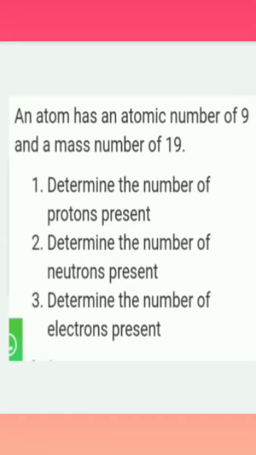What's the formula for neutrons? Mass number minus atomic number. Mass number is 19, atomic number is 9. So 19 minus 9 is equal to 10. So only 10 neutrons. And determine the number of electrons. The number of protons is equal to the number of electrons. So the number of electrons here is also 9.